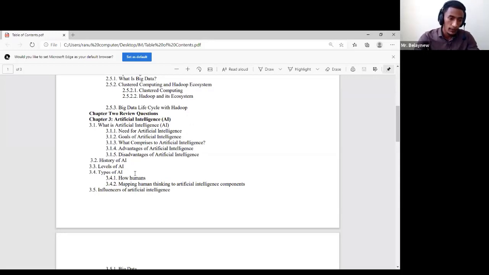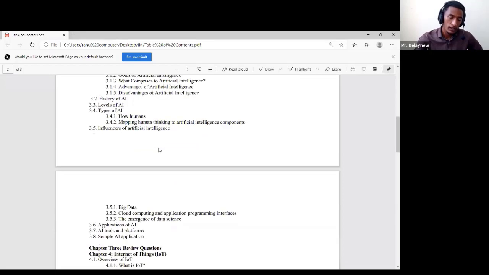Types of artificial intelligence, we will cover in chapter 3, and also how to map human thinking to artificial intelligence components, the theoretical part. And also different influences of artificial intelligence or application areas of artificial intelligence in this chapter.